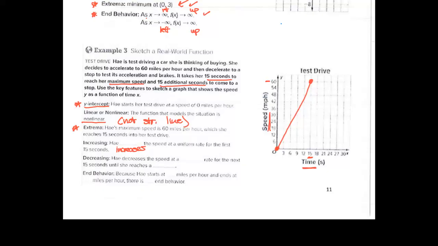Do you think it's going to be a jagged rate? No, it's going to be uniform. That's just like your slope. When you're talking about slope, it's the same slope. So she's going to decrease her speed at a uniform rate for the next 15 seconds until she reaches a stop.